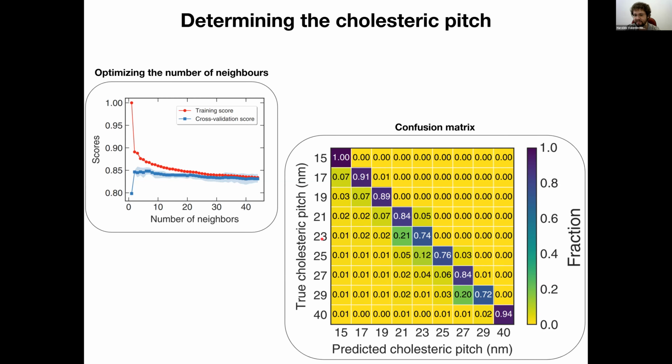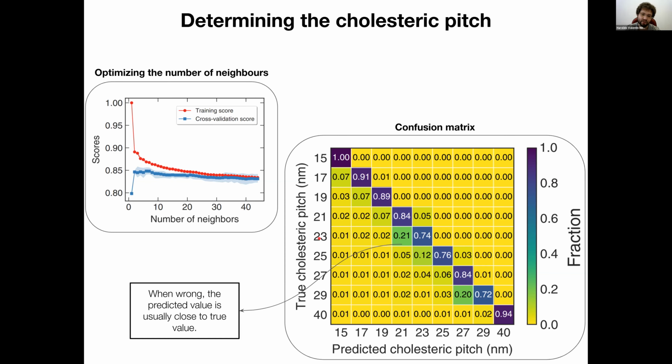For instance, in this case where we have a cholesteric texture with 23 nanometers of pitch, you see that our approach predicts 23 in 74% of the cases, but it also predicts that it can be 21 nanometers in 21% of the cases.